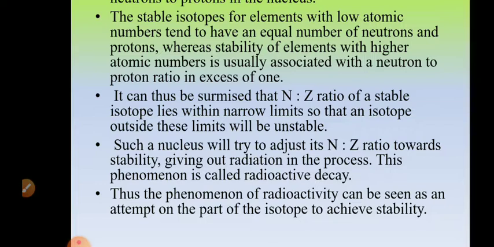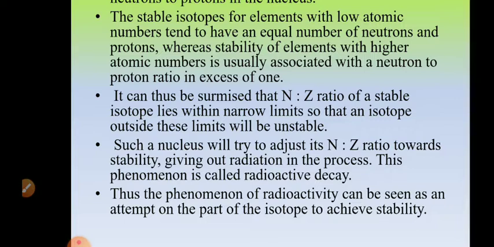This phenomenon of emitting radiation is called radioactive decay. That means it is emitting out radiation. Thus, the phenomenon of radioactivity can be seen as an attempt on the part of the isotope to achieve stability.